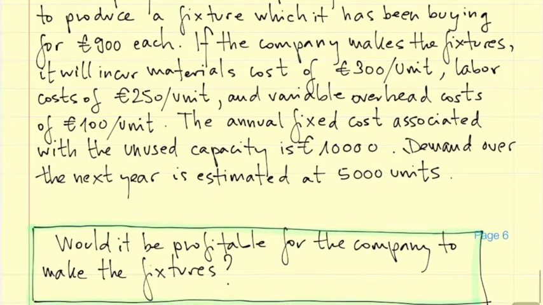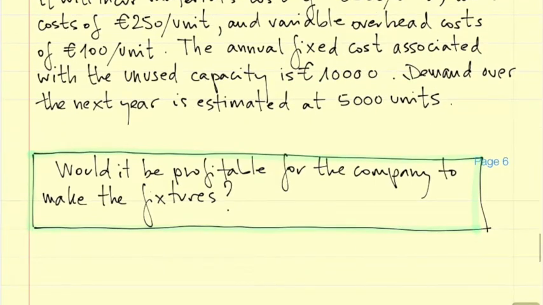The question is, is it profitable to buy, or is it profitable to make yourself? Okay. So the solution, cost to make. This is just the first, most simple way to solve it. Okay.